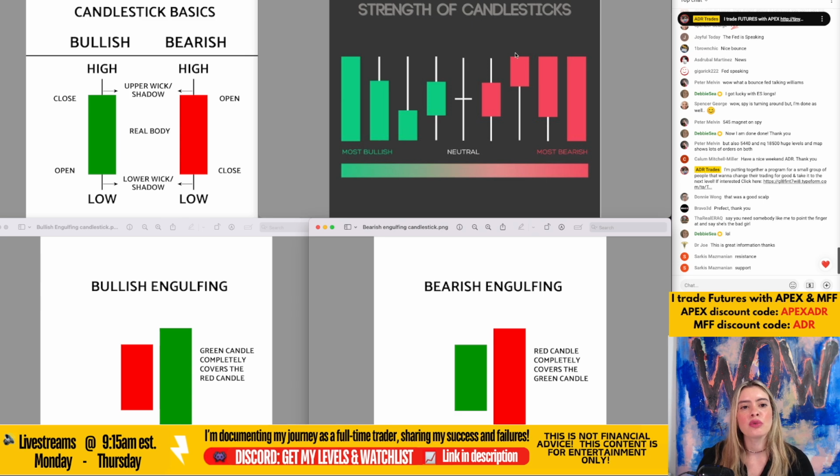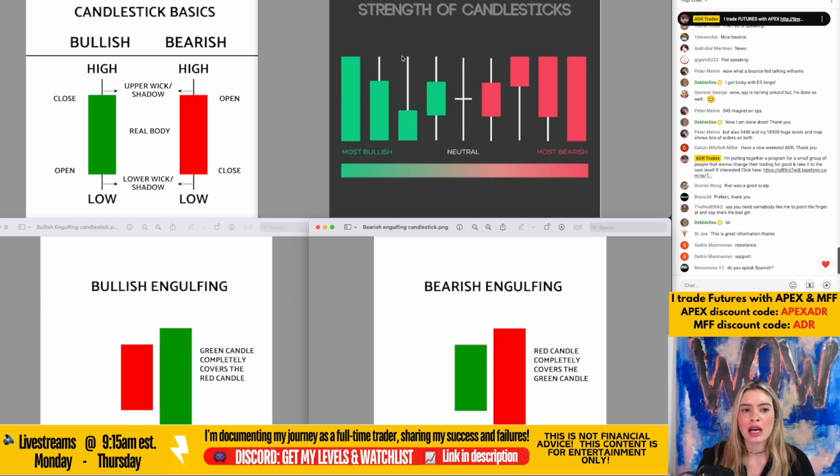Same thing with wicks at the top. Every time it touches that resistance or that level, it's selling off fast. So you have a lot of info when it comes to wicks. Wicks at the bottom mean it doesn't want to go lower, it means bouncing fast.